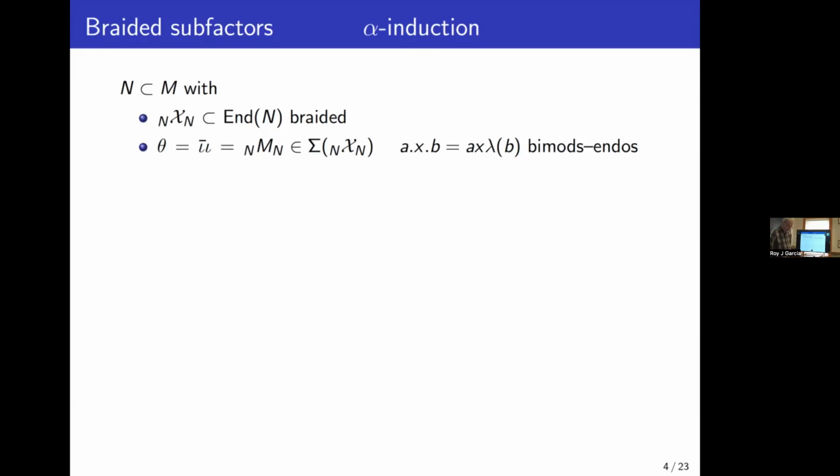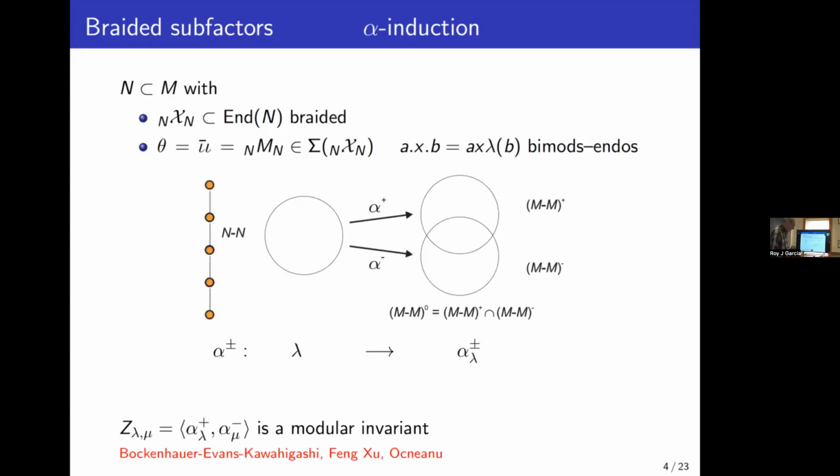And then from this we could do the following. We could construct modular invariants. So in particular, we can induce endomorphisms from N to endomorphisms on N. This is like Mackey alpha induction. Mackey induction. This is George Mackey.